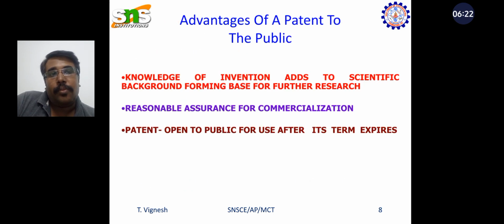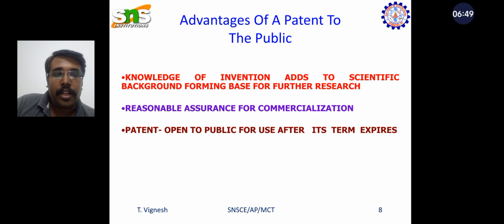The advantages of a patent to the public: knowledge of the invention adds to the scientific background, forming a base for further research. As I said, Alexander Graham Bell invented the telephone, and we made innovations on it, so that nowadays we use mobile phones not only for contacting others but for many other purposes.